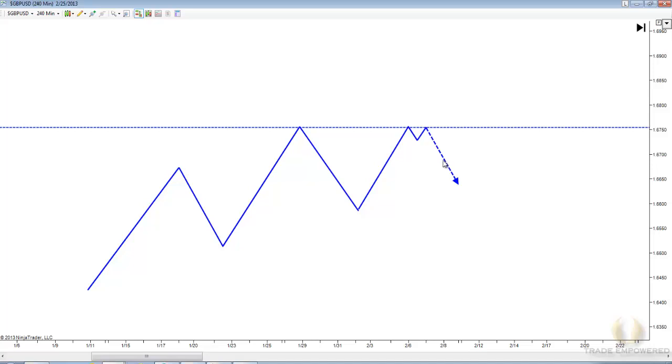So two scenarios in how you can use this pattern. You can use it as a simple pattern by itself. You can use it as an entry technique. But the key thing you want to remember is anything that I teach you is not going to be valid just by itself. So I don't want you going out there just trading every double top or double bottom you see, because you're going to get eaten alive.